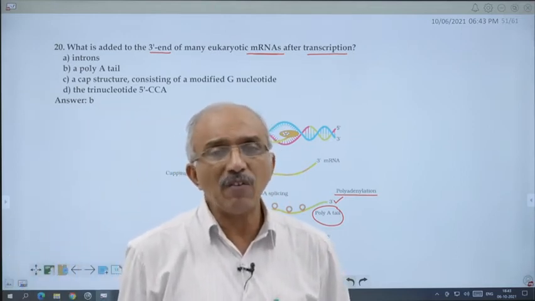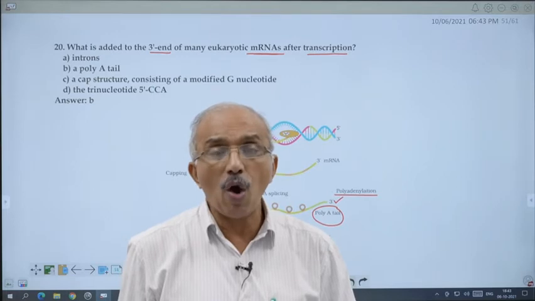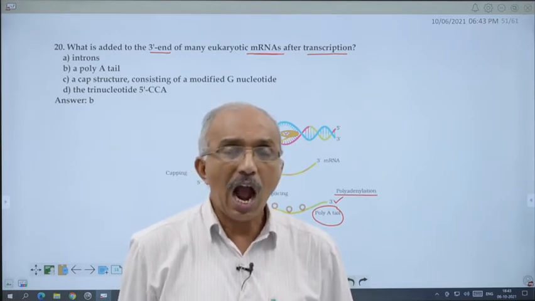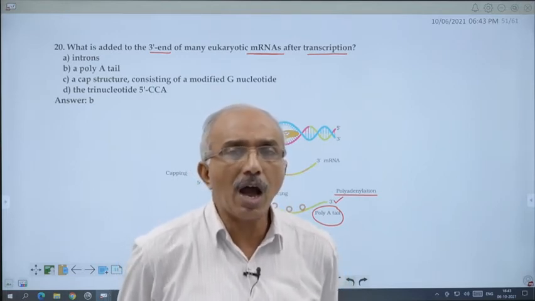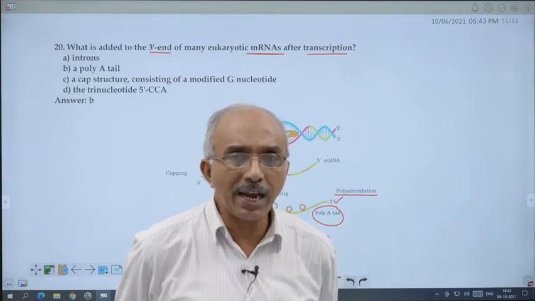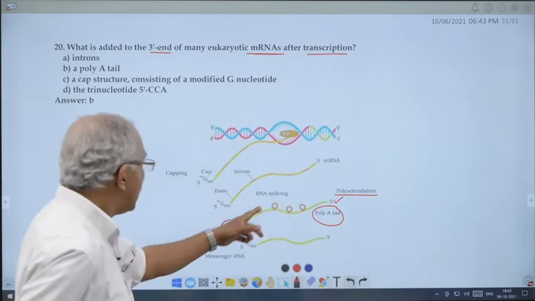The third event is removal of introns. Unwanted bases are removed from the RNA. This is called splicing.